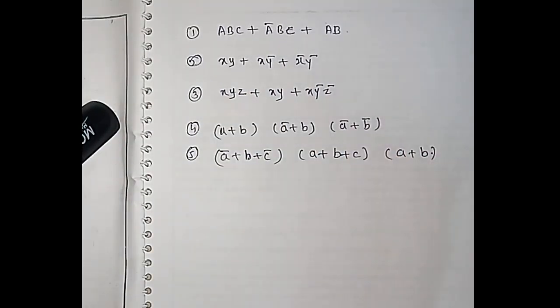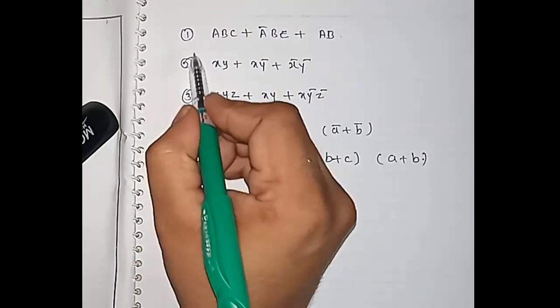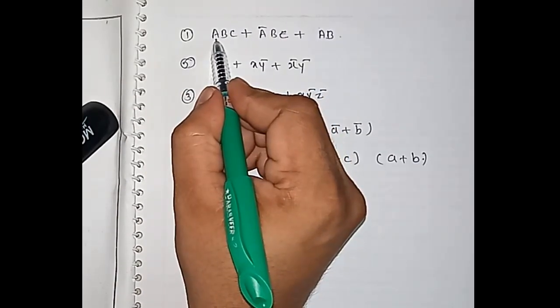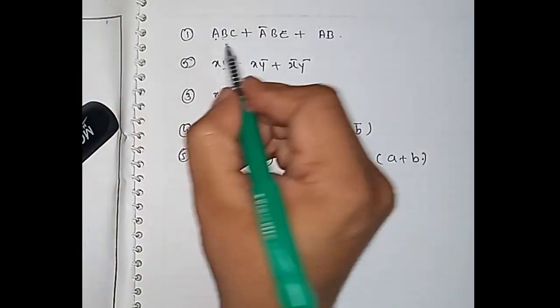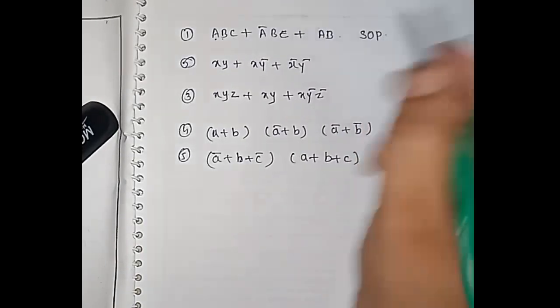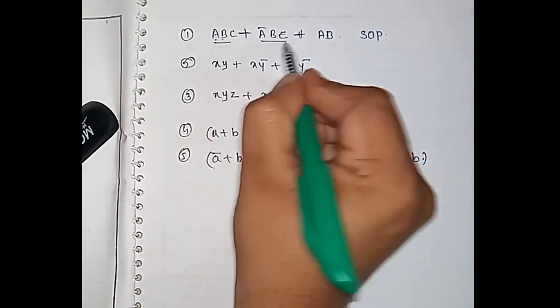Now we have to find out the type of each equation, and whether the equation is in standard form or unstandard form. So consider the first equation. The first equation is ABC plus A bar BC plus AB. Now what is this equation? It is an SOP equation. Why? Because here we have taken the sum of these three product terms.